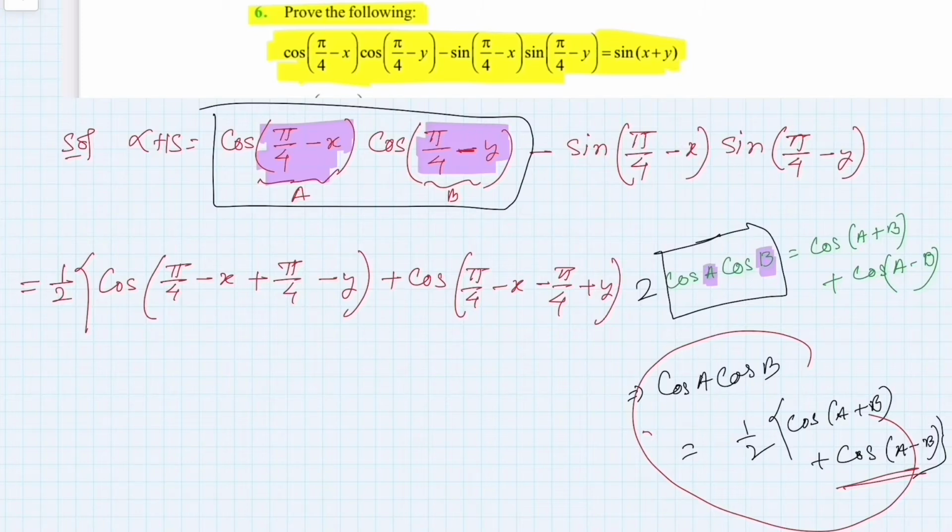Then in the next part, we have to apply another identity. Let me show you that one.